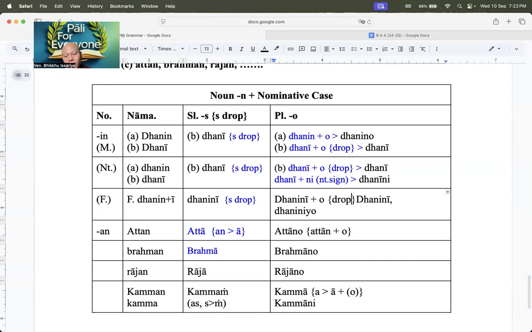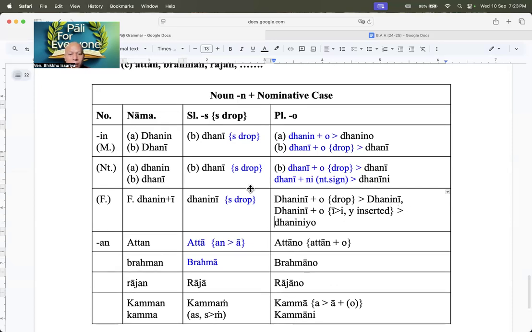So that is why we have only the name. But for the other one, the name and the ending, at that time E becomes short and then ya is inserted. So we have the form with yo in this way.